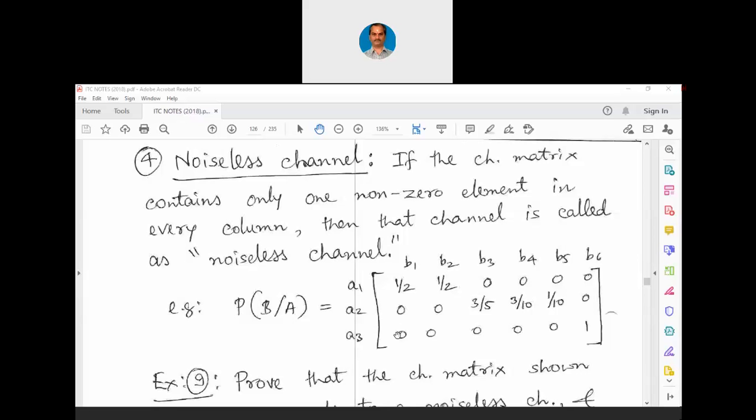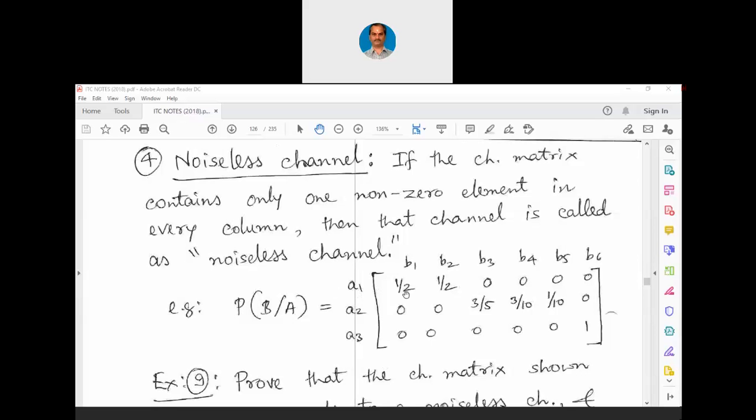On the contrary, the other type is called a deterministic channel. We will see that later. So this is called a noiseless channel, which simply means that only one destination symbol is obtained for the transmission of the source symbols, which means the channel is not introducing any noise as such.